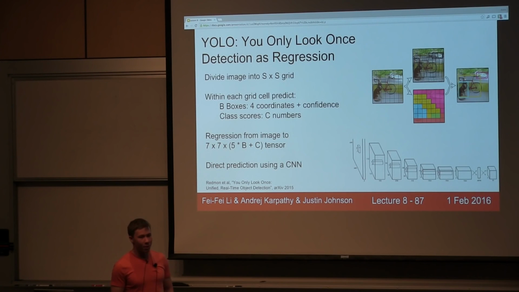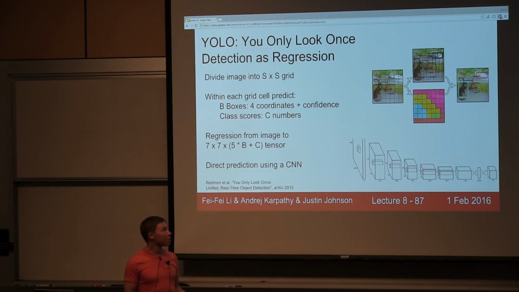So this is kind of a fun thing. We talked about this idea of localization as regression. So this funny thing called YOLO, You Only Look Once, actually tries to pose the detection problem directly as a regression problem. The idea is that we take our input image and divide it into a spatial grid. They used a 7x7.